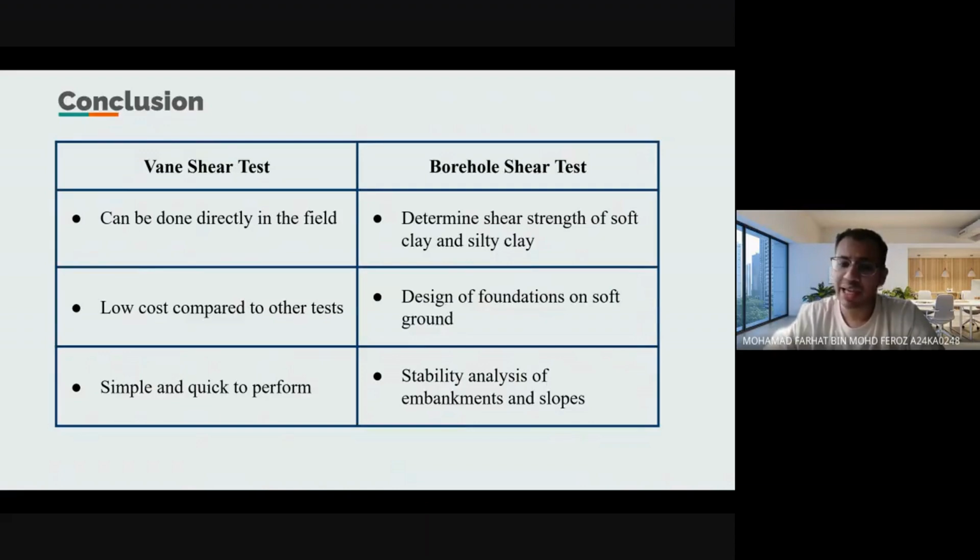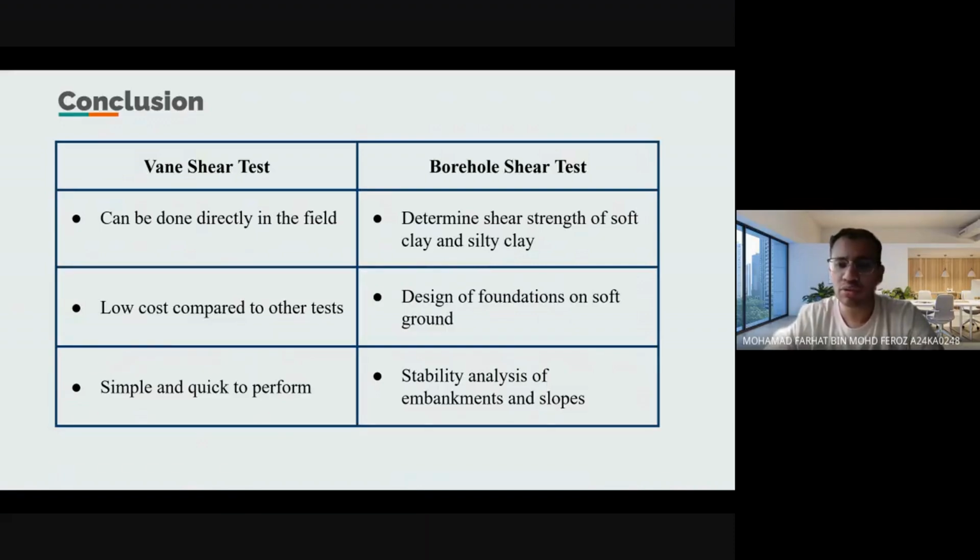But the borehole shear test is much needed for complex stability analysis of embankments and the design of foundations on soft ground. Choosing the right test ensures the safety and longevity of our engineering structures.